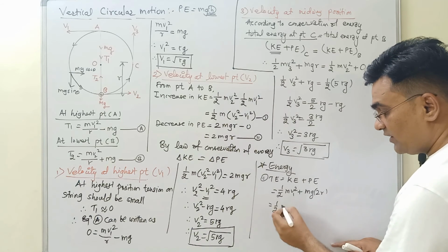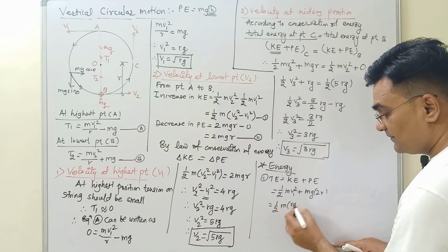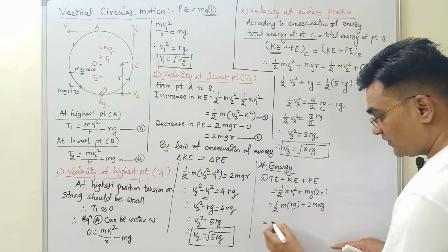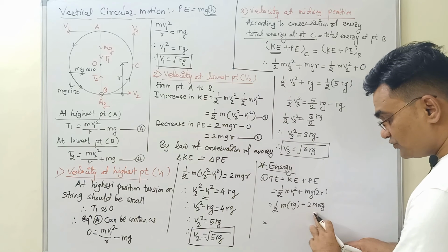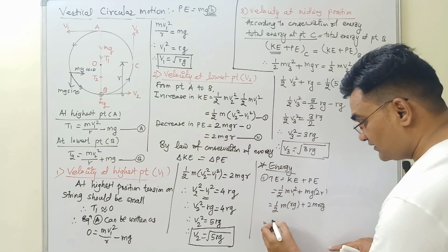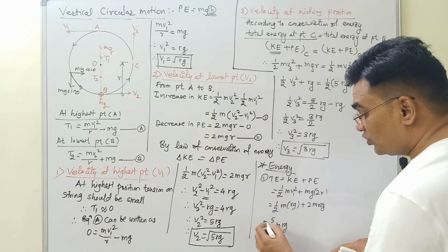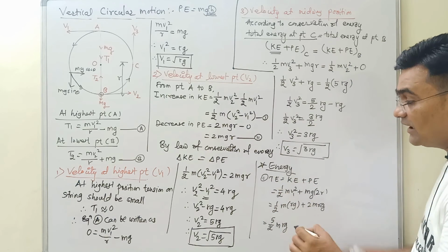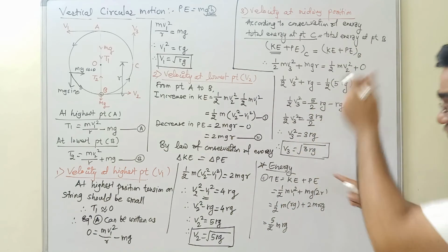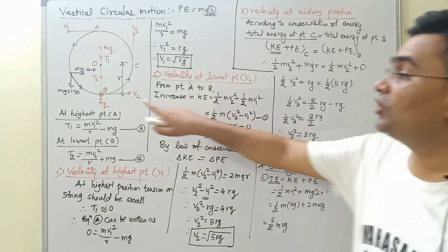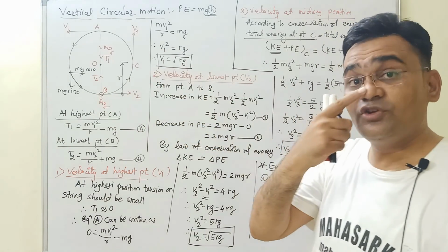Half of v1 square is rg, plus 2mrg. So half mrg plus 2mrg is 5 by 2 mrg. This will be the total energy at all the points. Similarly, if you found this for point A, you can find it for point B and point C also. You try it.